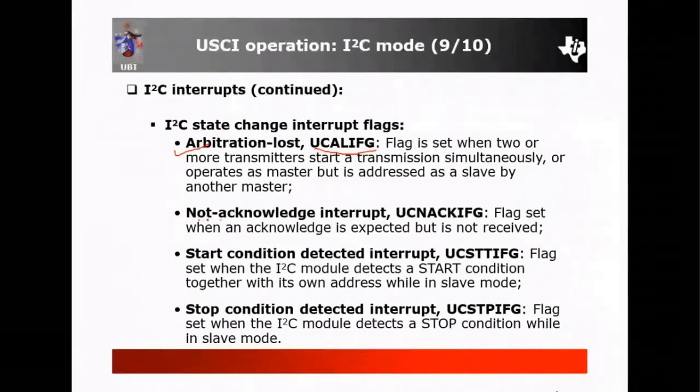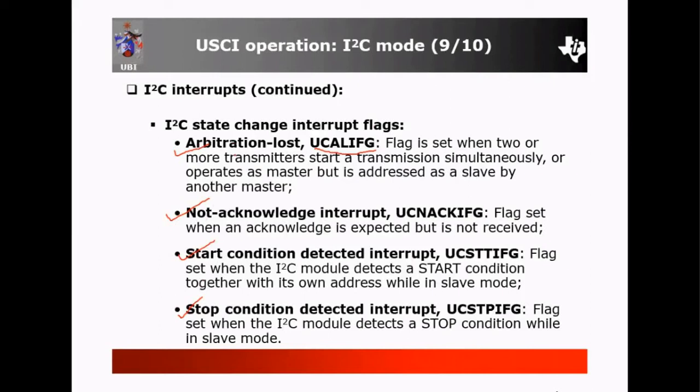Second is the not acknowledged interrupt, UCNACKIFG. Third is the start condition detected interrupt, UCSTTIFG. Next is the stop condition detected interrupt, UCSTPIFG. These four interrupts are used when the state is changed.